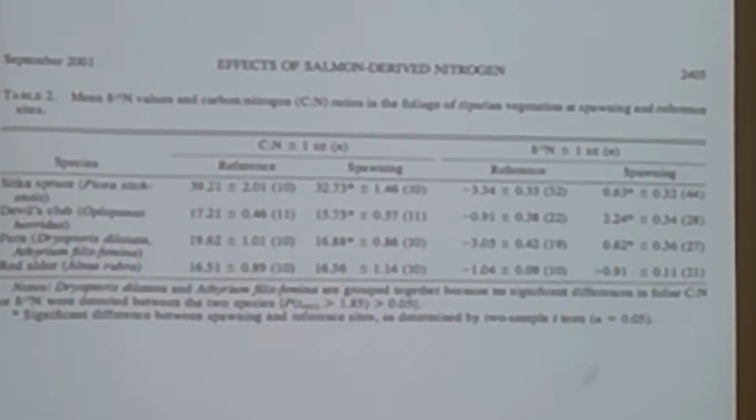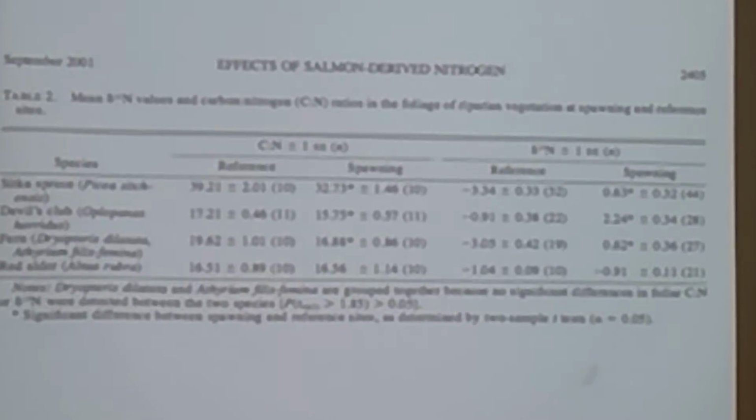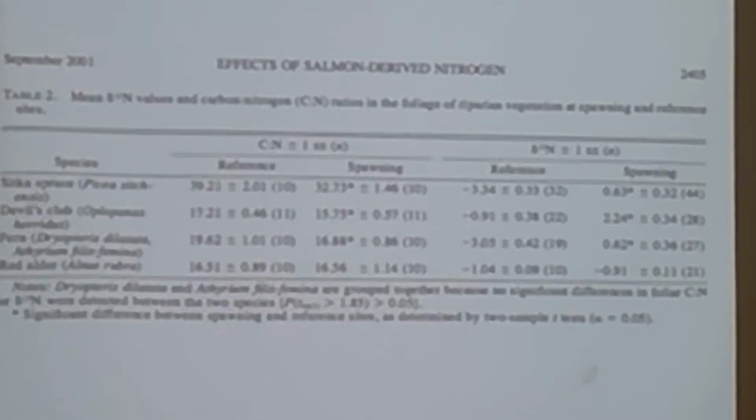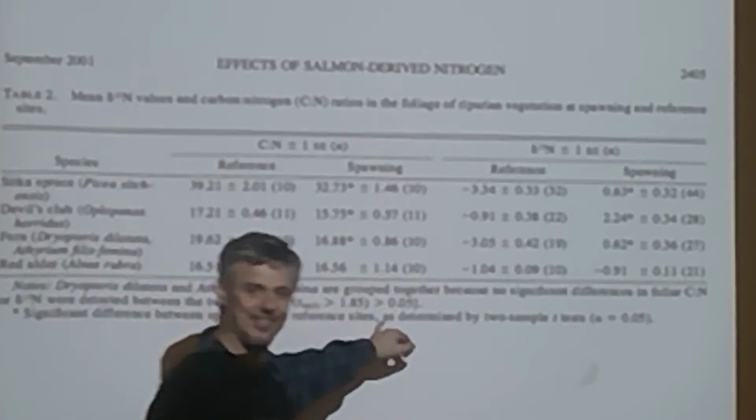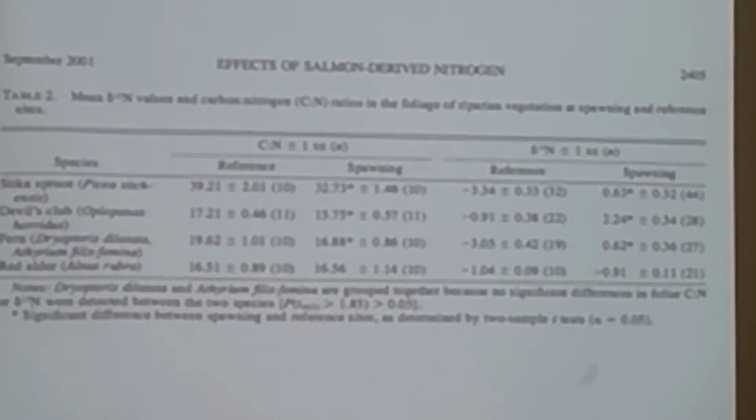Like, okay, we're going to stick in a species of nitrogen fixer, which really shouldn't rely on salmon-derived nitrogen, and let's see what this one's doing compared to everything else. And you know what it's doing? It's doing its own thing. Yeah, a little bit of that salmon-derived nitrogen is getting in, maybe.